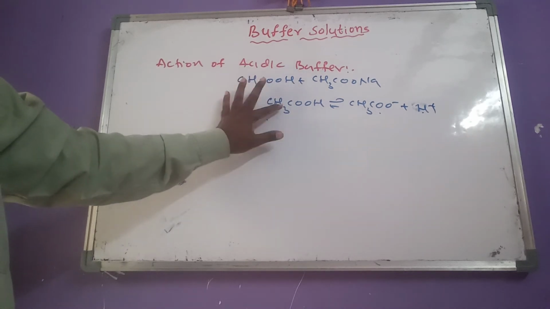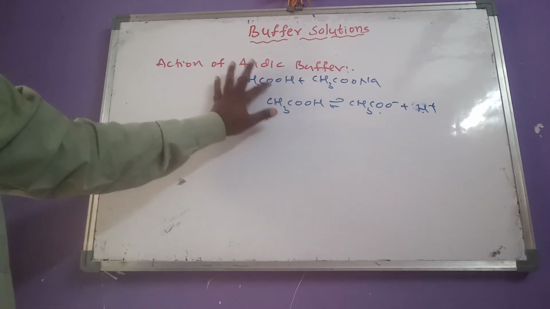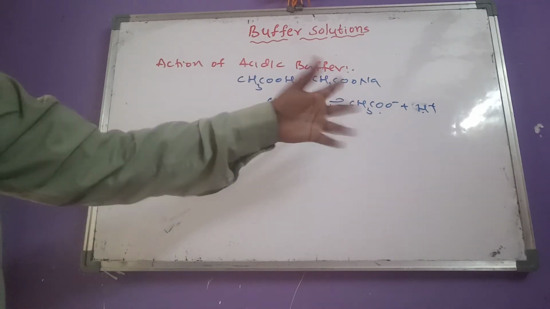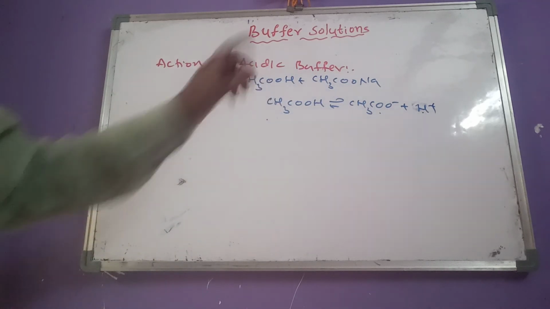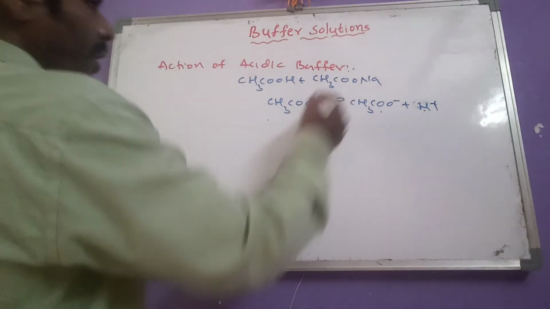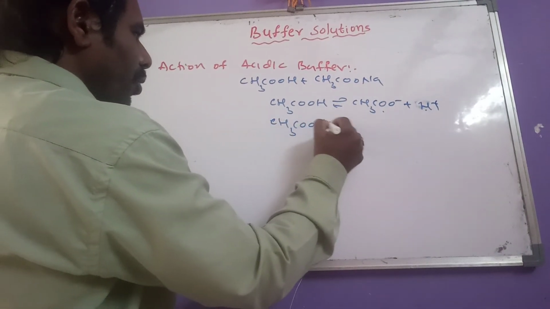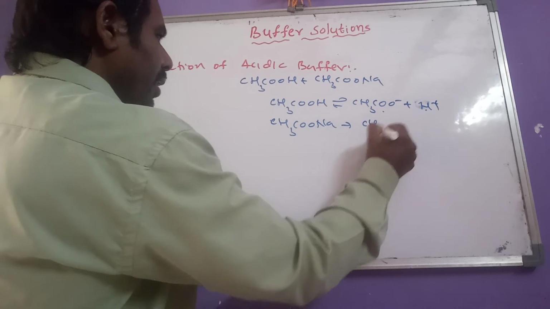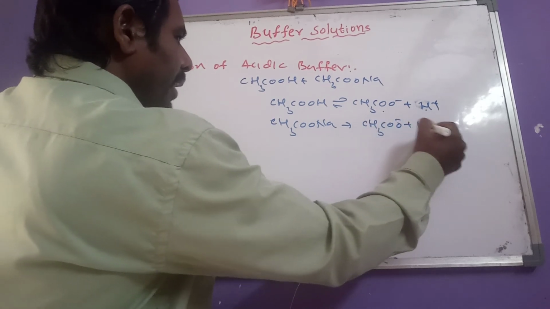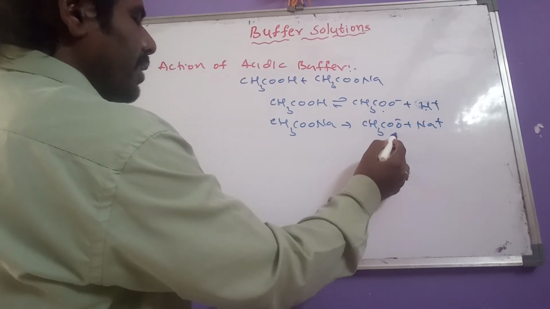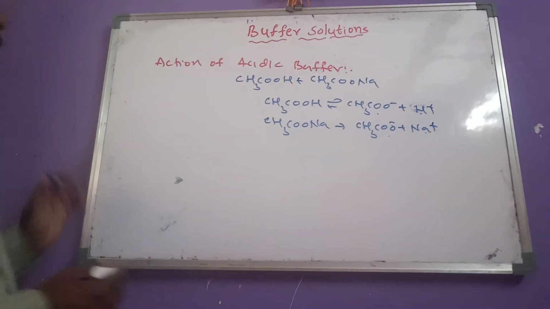That means acetic acid is the major product, not H plus ions; H plus ions are not tested regarding this acetic acid. Now come to the sodium acetate. It is an electrolyte, so it will undergo complete ionization to give acetate and Na plus ions.